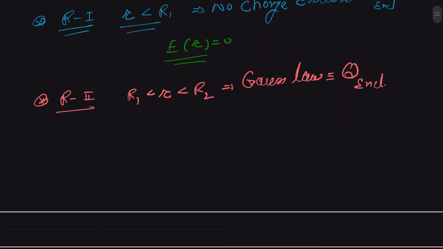Therefore, we can write that our Q enclosed will be equal to the charge density and the volume, which is r cube minus r1 cube.